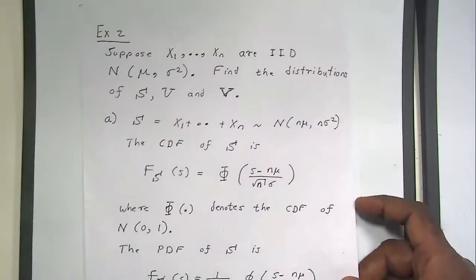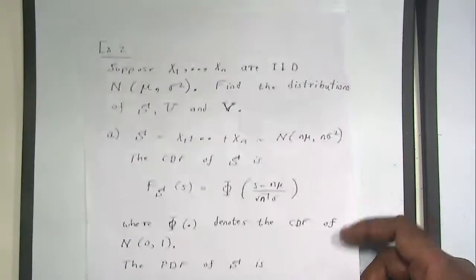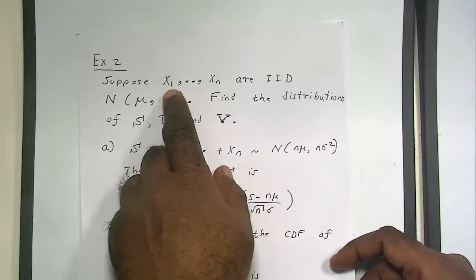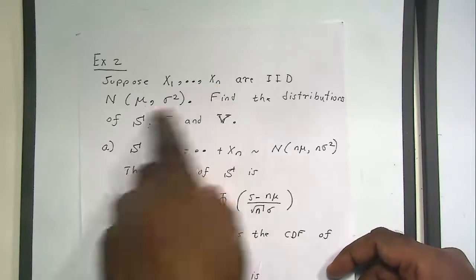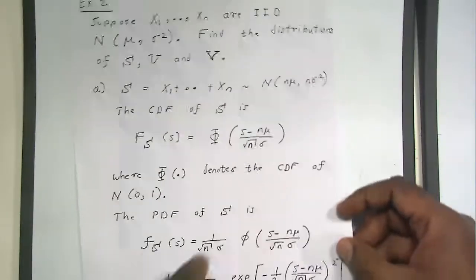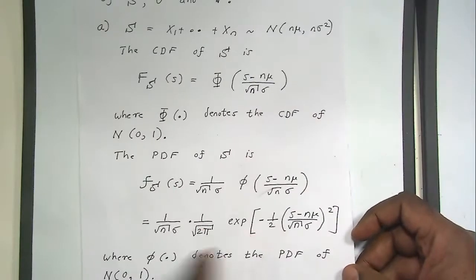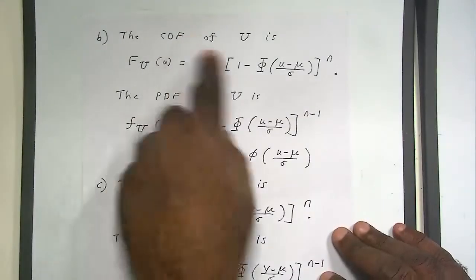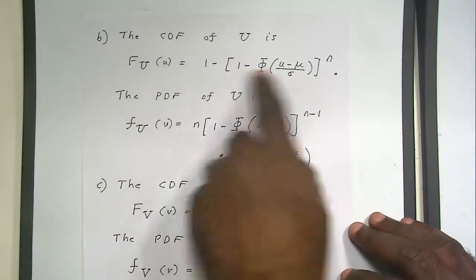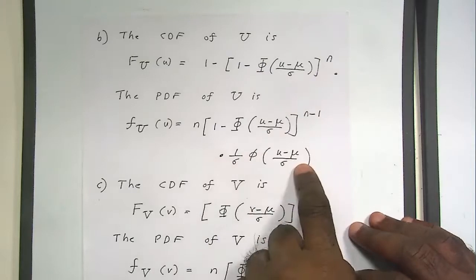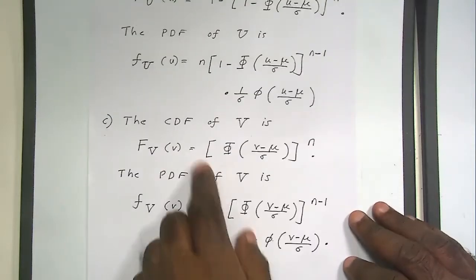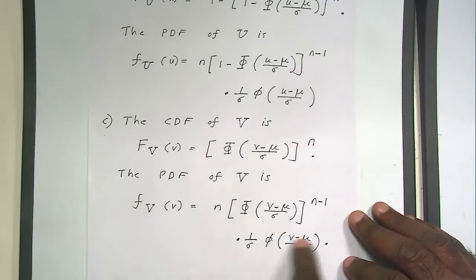Then I did another example, number 2, where I considered x1 to xn to be IID normal, and in this case I showed that the CDF of S is given by this, and the PDF of S is given by this, and the CDF of U is given by this, and the PDF is given by this, and the CDF of V is given by this, and the PDF by this. And that's example number 2.